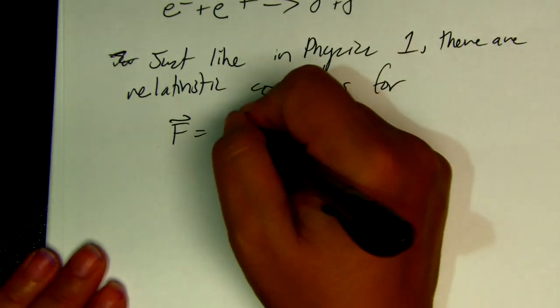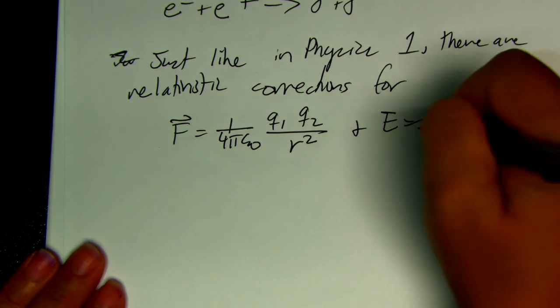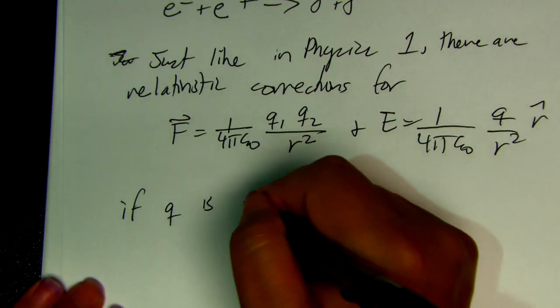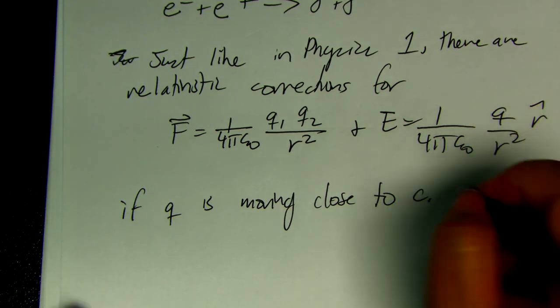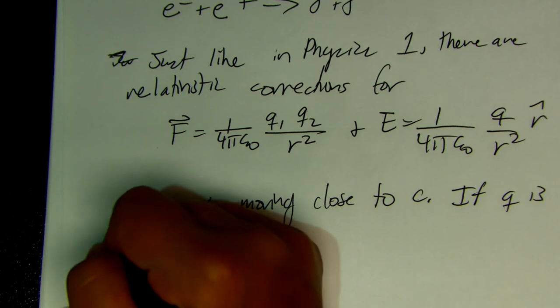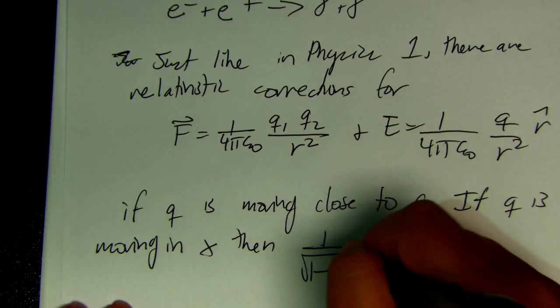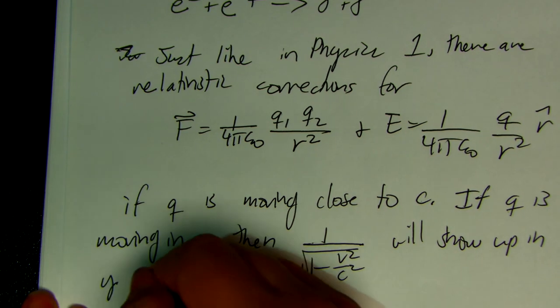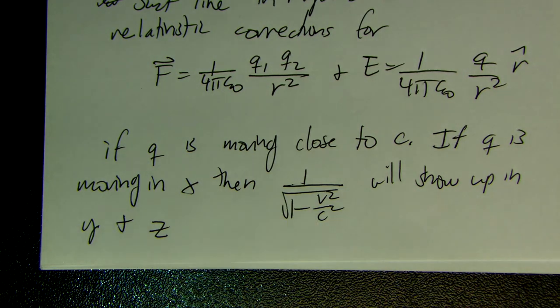F is equal to 1 over 4 pi epsilon naught, Q1, Q2 over R squared, and E is equal to 1 over 4 pi epsilon naught, Q over R squared times R hat, if Q is moving close to C. And if Q is moving in X, then 1 over 1 minus V squared over C squared will show up in Y and Z. So here is just a little taste of what is to come, and this comes right at the very end of Physics 2. All right, this wraps up Chapter 13.